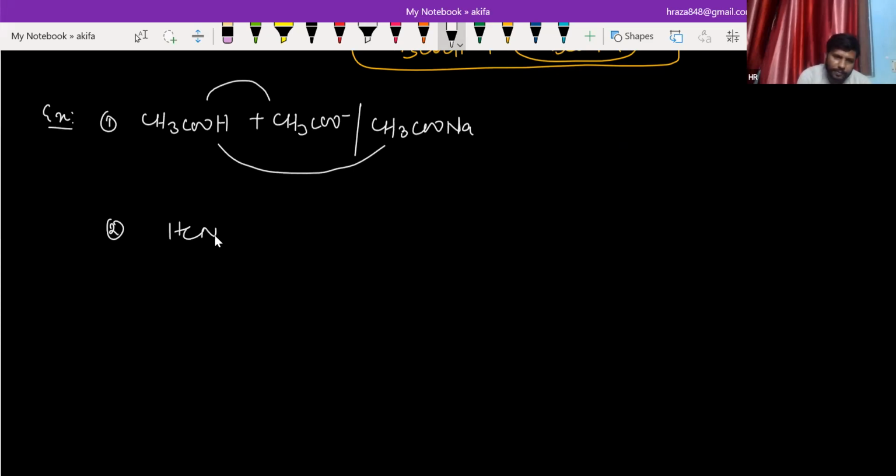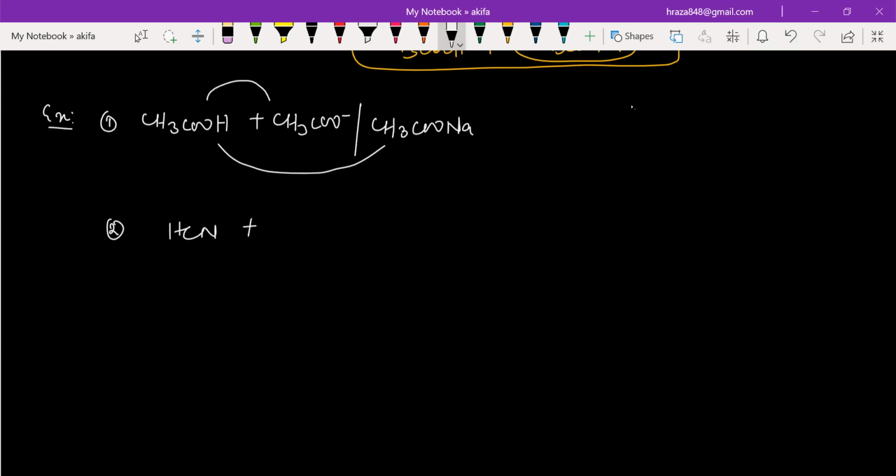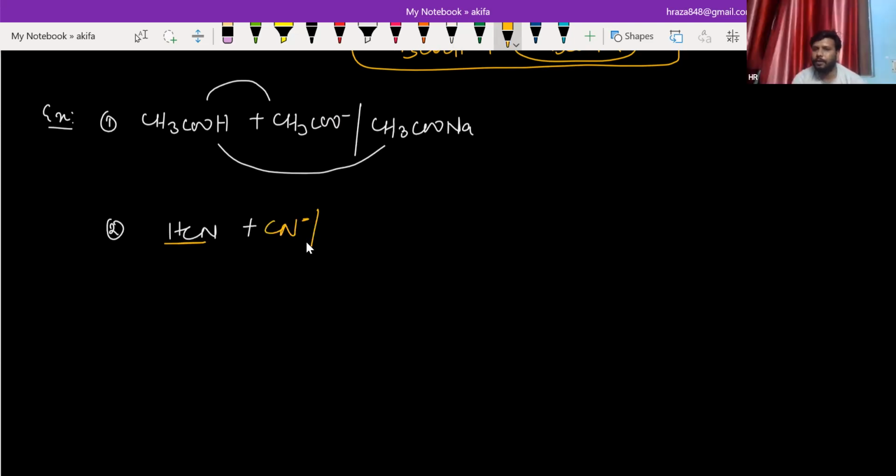Second example, I'm just taking a weak acid, HCN. You have to make its conjugate base and its salt with a strong base. Can you prepare it? Conjugate base will be CN minus. Very good. And what will be its salt with a strong base?